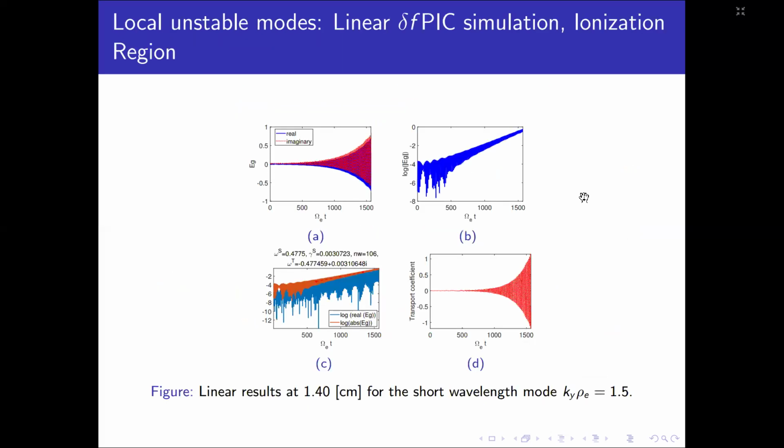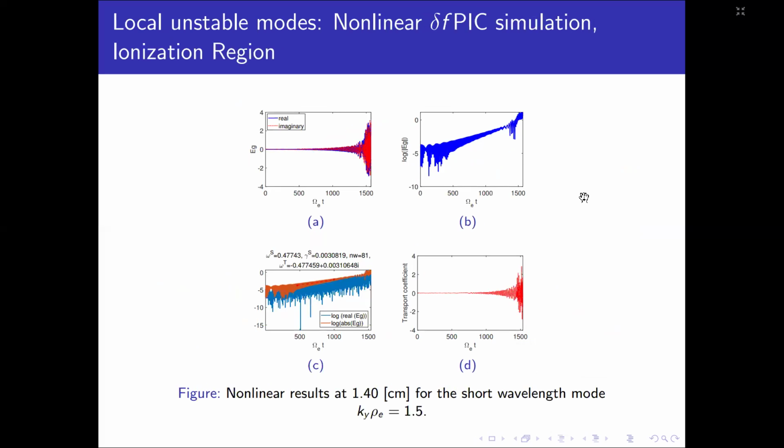So these are the linear results, and then I turn on the nonlinear term, and I obtain these nonlinear results, okay? As you can see, there is a clear increase in the amplitude of the instability, right? We have here the nonlinear saturation mechanism that takes over the instability and starts basically at this stage.